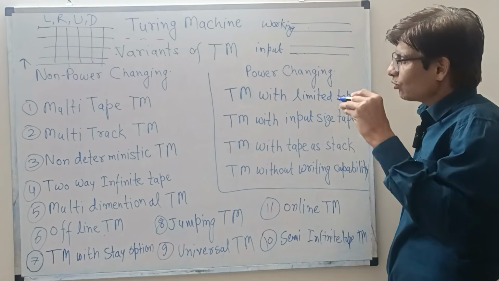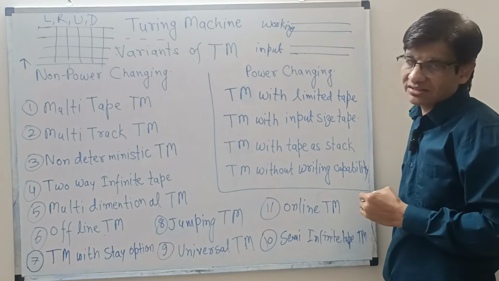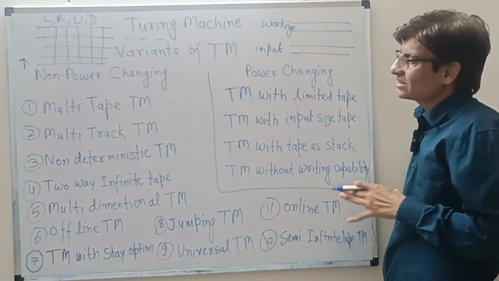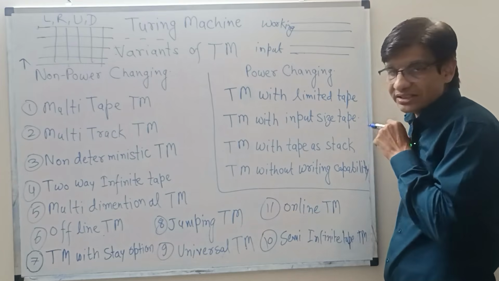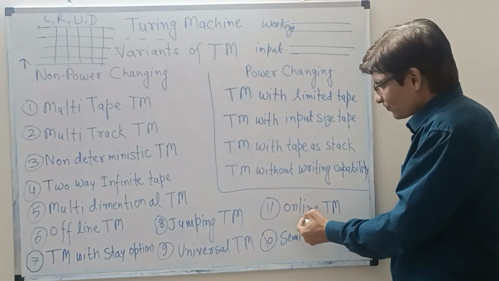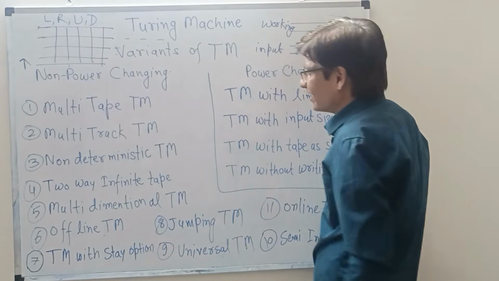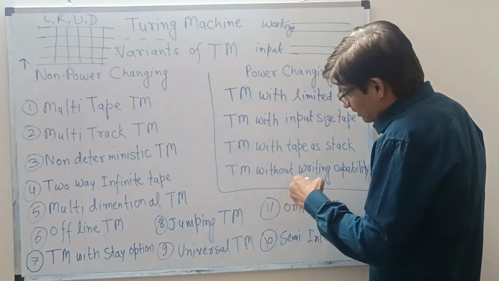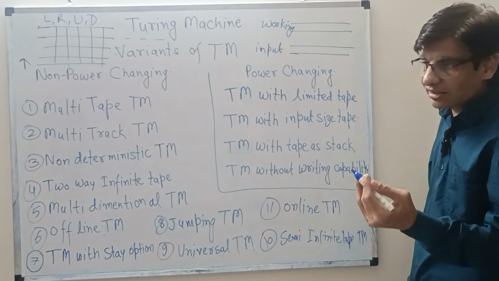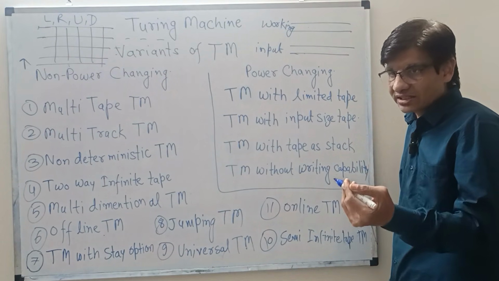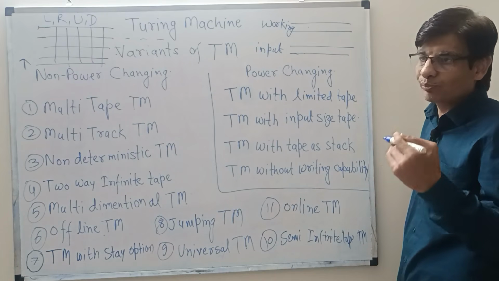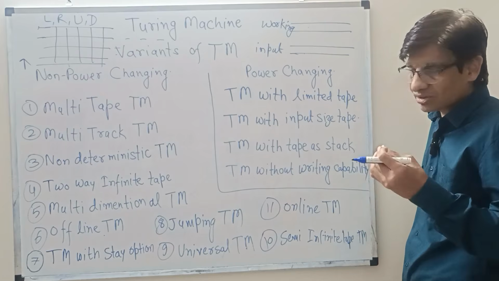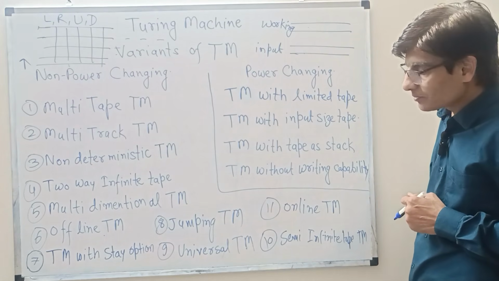The Turing machines we have discussed till now in previous lectures were all online Turing machines. So this is the difference between online and offline Turing machines. You can consider all Turing machines that work on a single tape, storing the input on the same tape, as online Turing machines.